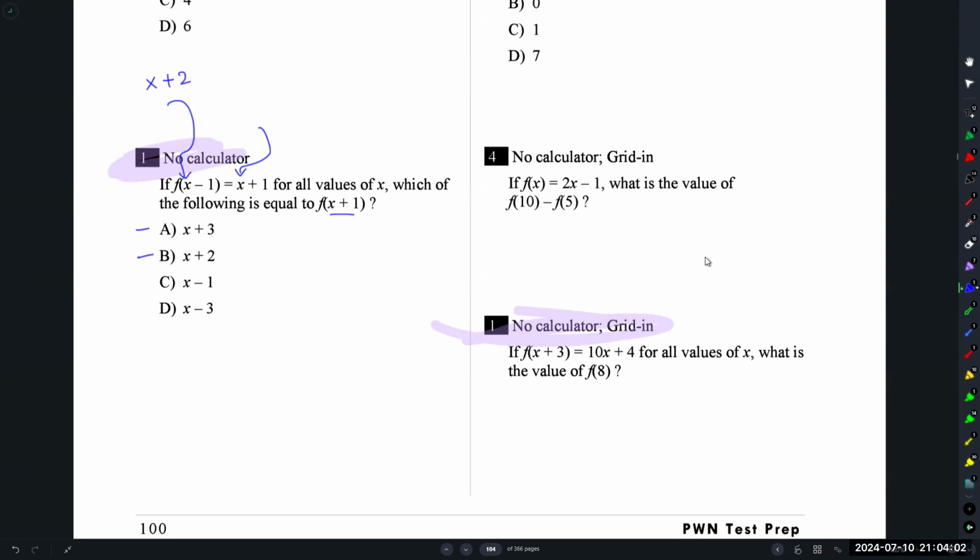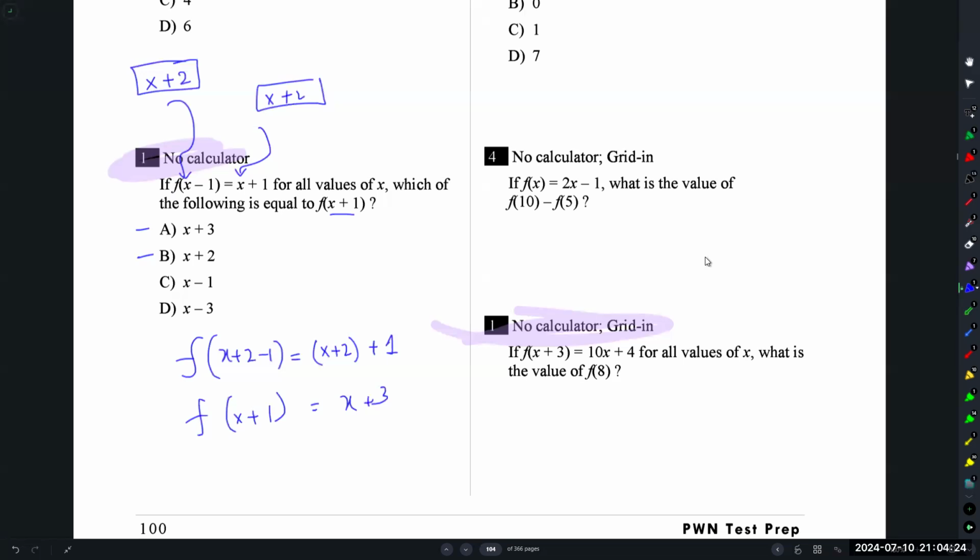Okay, no, Ayat. X plus 2. So if in place of x you're plugging in x plus 2, then you would plug in x plus 2 in place of this x as well, and you would end up getting x plus 3. And what do you have? You have f of x plus 1. That's one way of doing it.